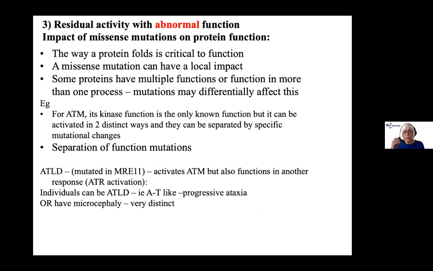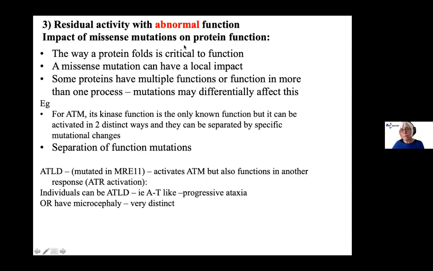Now we're going to talk about residual activity with abnormal function. The first case I'm going to talk about is the impact of a missense mutation. Sorry, I just stopped, I got a phone call coming through to me.